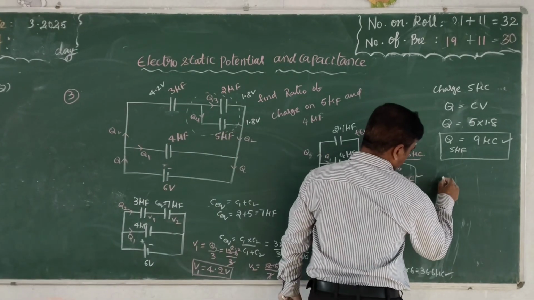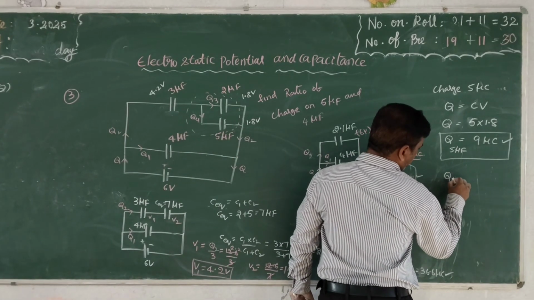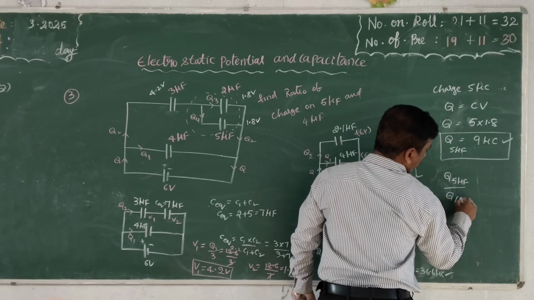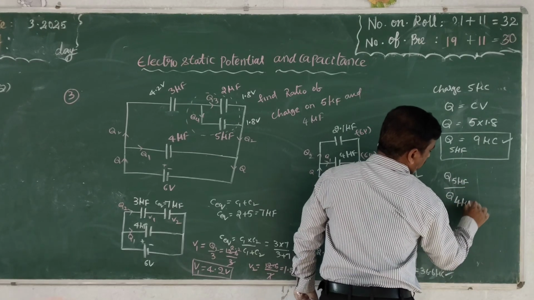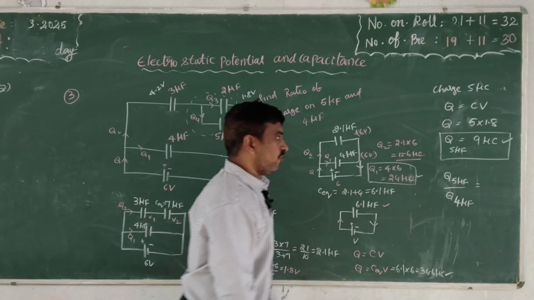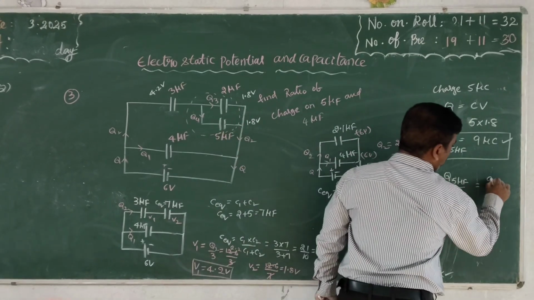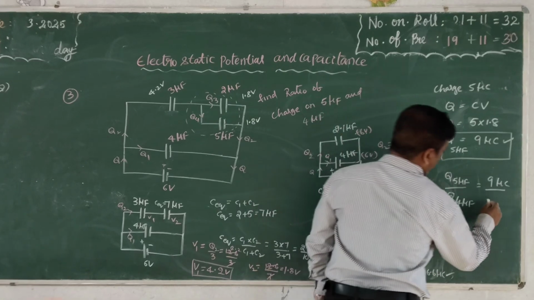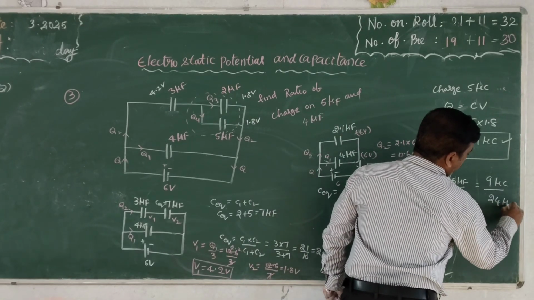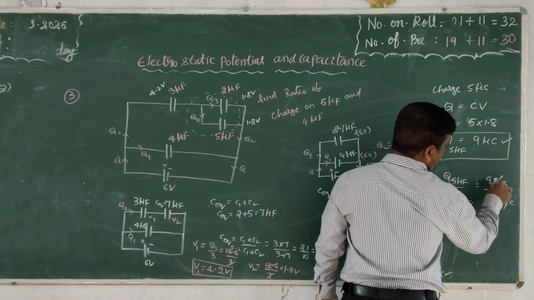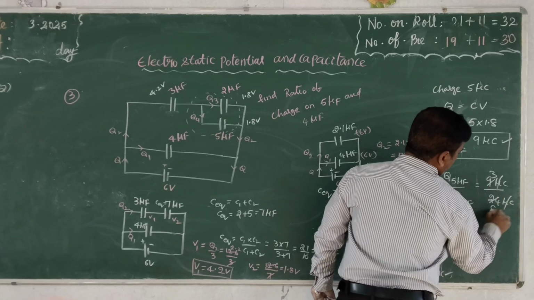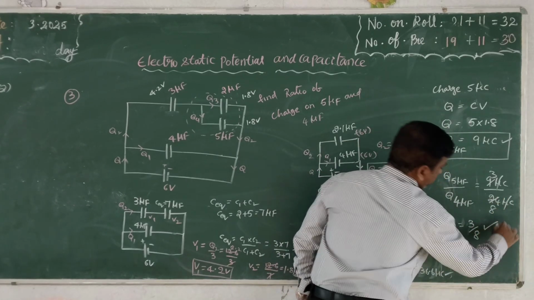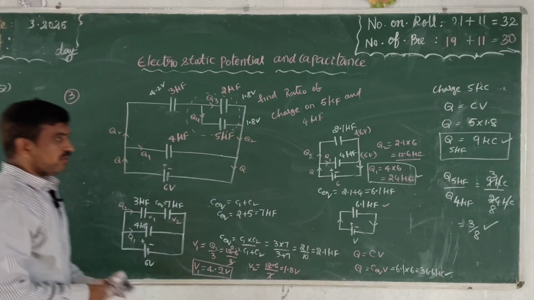Their ratio: charge on 5 microfarads by charge on 4 microfarads is 9 microcoulombs by 24 microcoulombs. Microcoulomb cancels, 3 3s are 9, 3 8s are 24. So the ratio is 3 by 8.